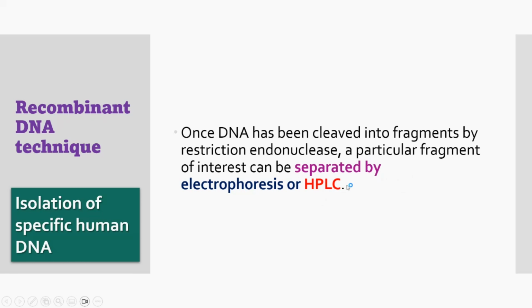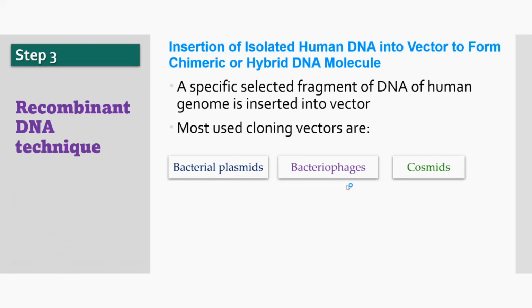Okay. So now we'll move on to the third step. We have fragmented, we have isolated. Now this isolated human DNA sequence we need to insert into a specific vector, to produce a hybrid DNA molecule or chimeric DNA molecule. These vectors could be bacterial plasmids.